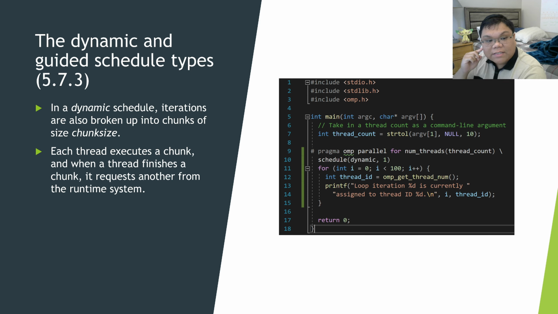In a dynamic schedule, iterations are also broken up into chunks of chunk size. But here's the thing: each thread is given a chunk, and when it finishes a chunk, it requests another chunk from the runtime system. In one of the past videos, I mentioned the example of the professor and 4 TAs who had to grade 100 exams.